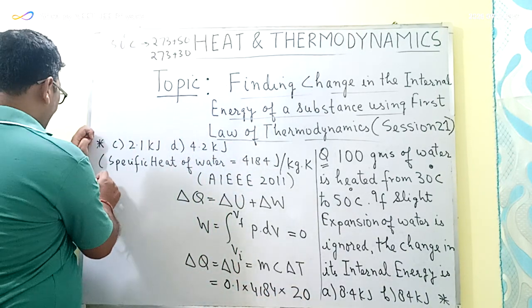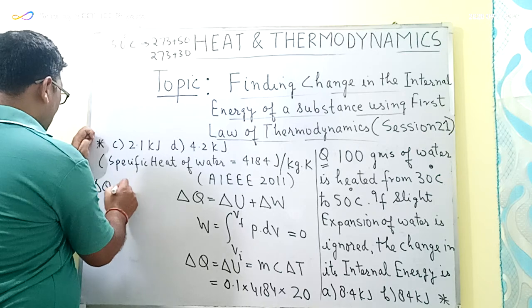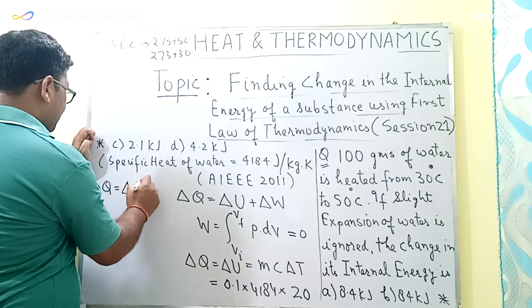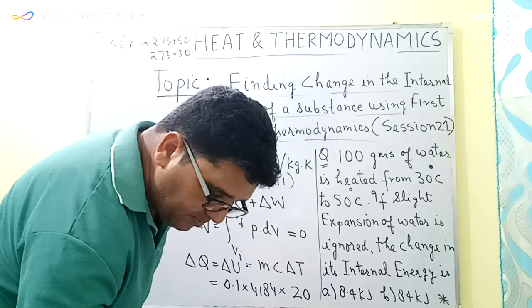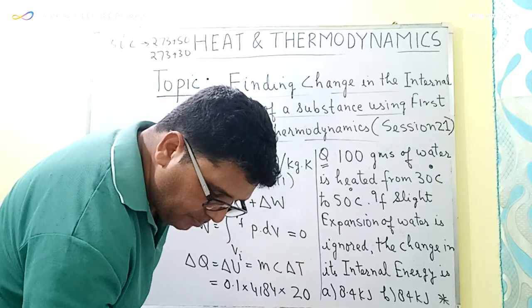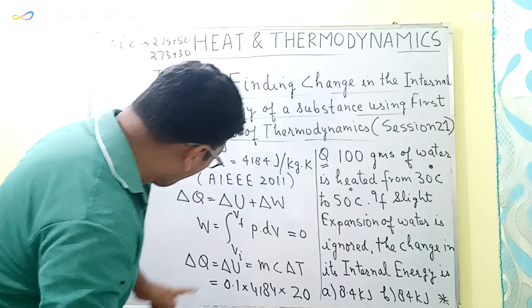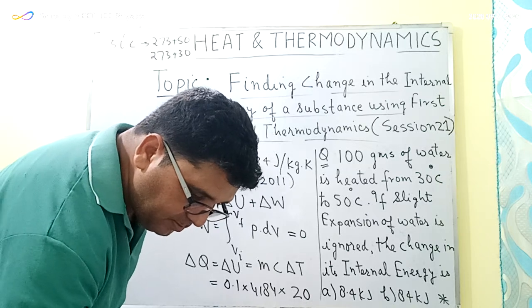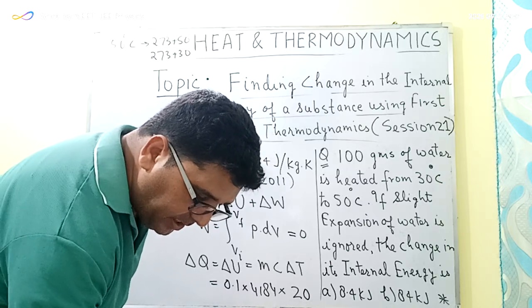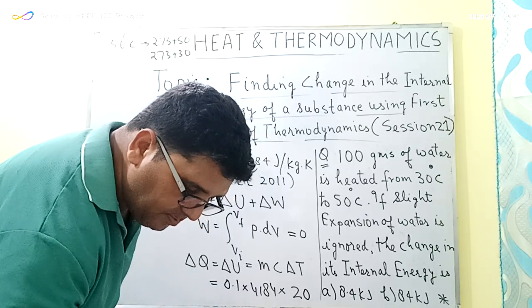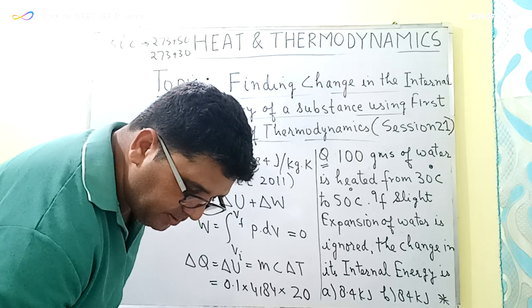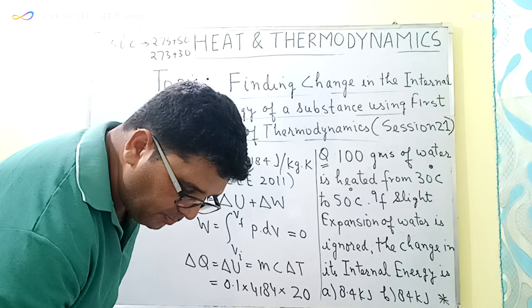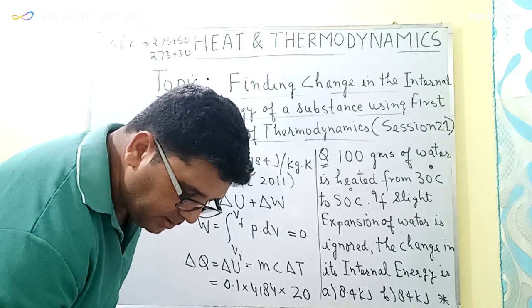So from here delta Q, which is equal to the change in the internal energy, is equal to 0.1 into 4184 into 20.